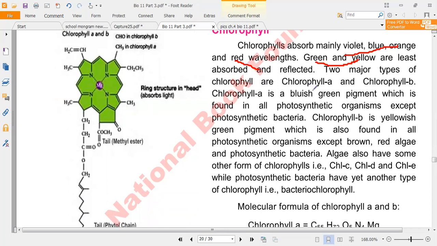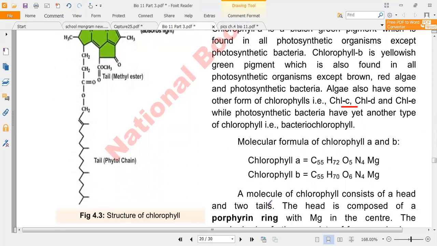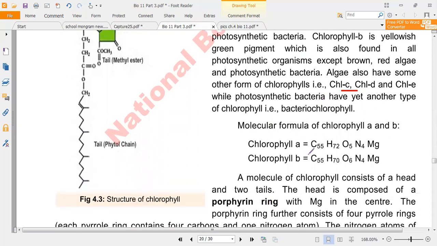With chlorophyll A and B, we also have chlorophyll C, D, and E, while photosynthetic bacteria have bacteriochlorophyll, which we have seen before. Its molecular formula is C55H72O5N4Mg for chlorophyll A, and for B there is 2 H less, that is 70 H, and 6 O.